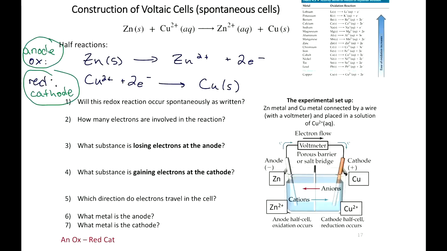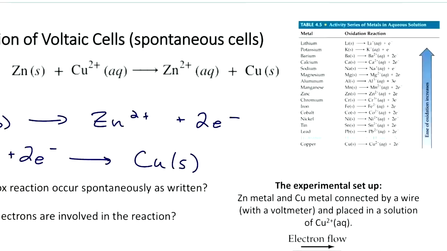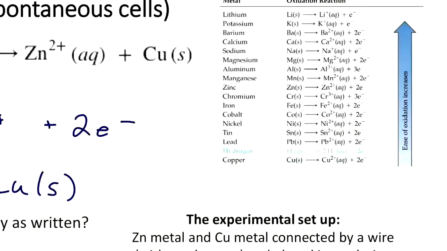All right, and so this is in fact a spontaneous cell. If this was Chem 1210, we would look at the 2 reactants, zinc solid and copper 2+, and locate these on the activity series. So copper 2+ is right there. Zinc, where is it? Right there. So does that fit the criteria for a single displacement reaction? Yes.